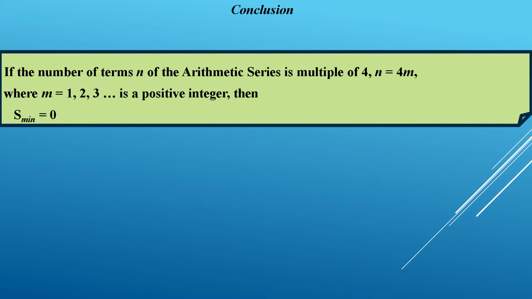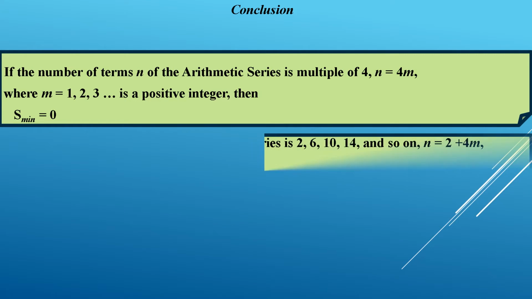Now we realize from here, if the number of terms n of the arithmetic series is a multiple of 4, like n equals 4m, where m equals 1, 2, 3, and so on, all positive integers, then the minimum sum is equal to 0, regardless of a or d or the number of elements, as far as it's a multiple of 4.